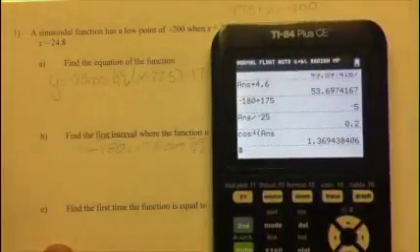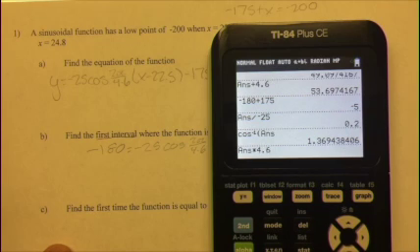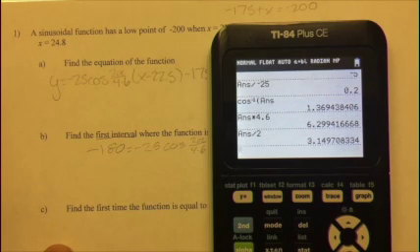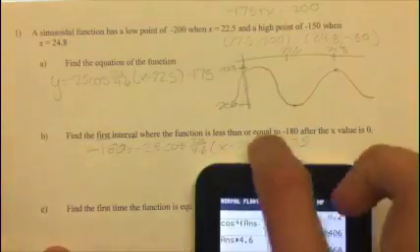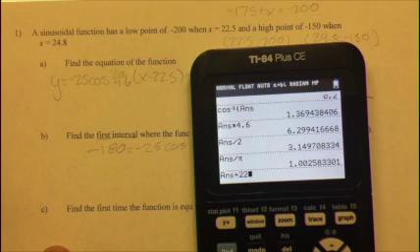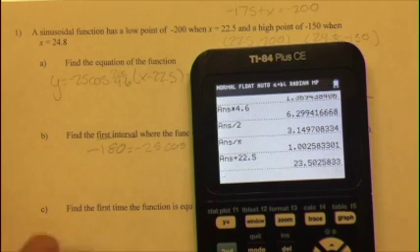Now we multiply it by 4.6. Now divide by 2. Now you gotta do second answer, divide by 2, divide by pi, and lastly we need to add 22.5, so plus 22.5. That gives us that number right there, which is one of our interval points.